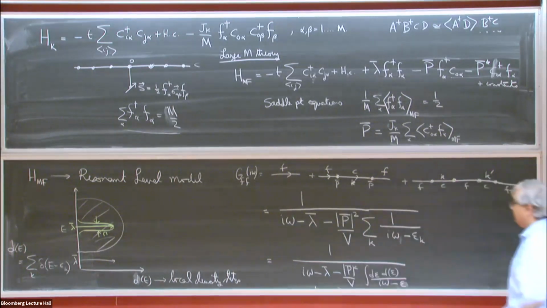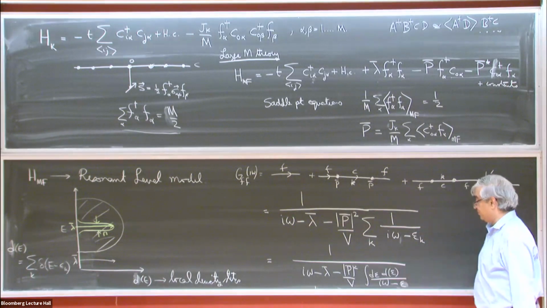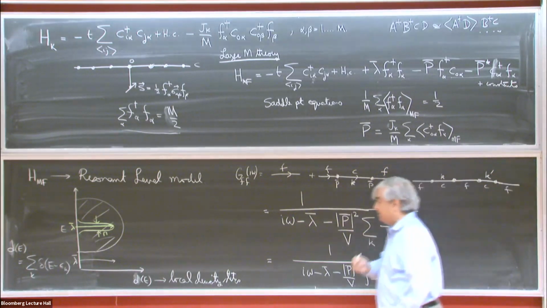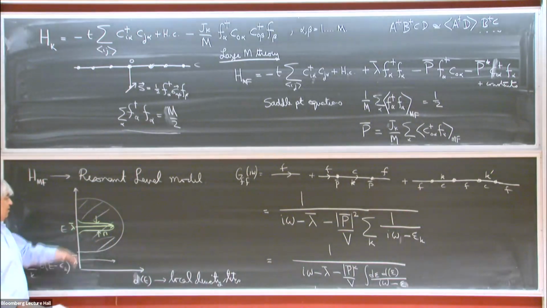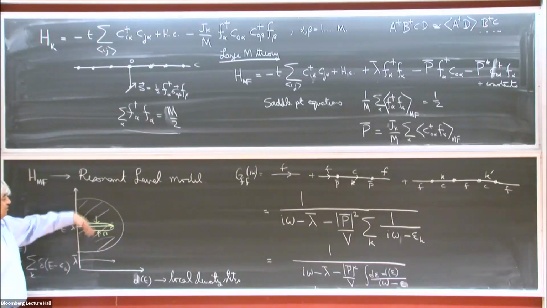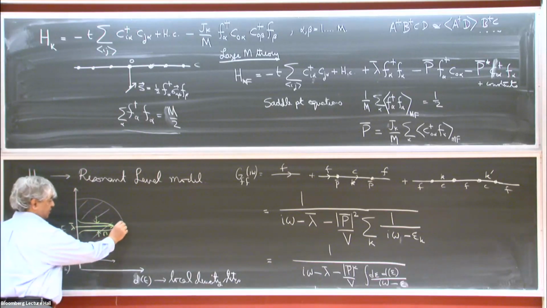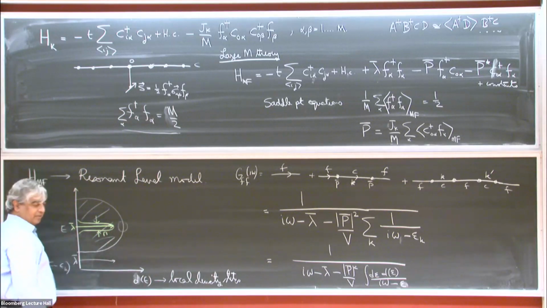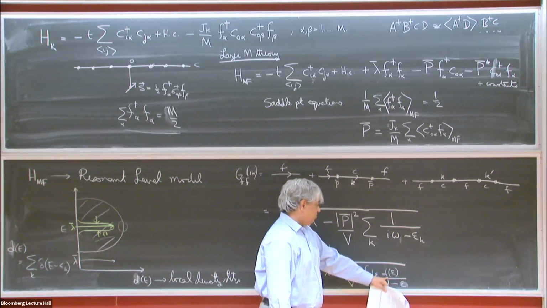Okay. All right, so you can certainly evaluate this if you want to do much better. But we're interested in the regime where the coupling of the impurity to the conduction band is weak. And all of the interesting phenomena are happening in a small window near the Fermi level. So we can just replace this d of E by a constant.